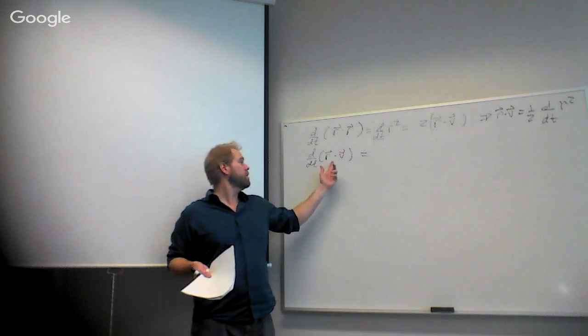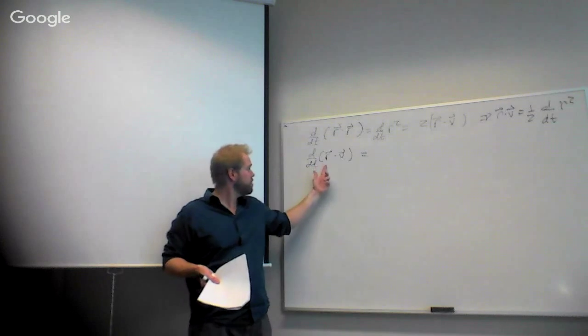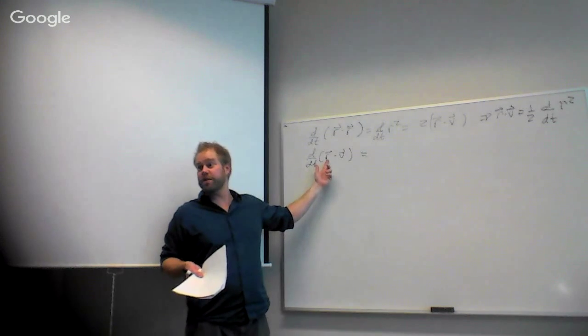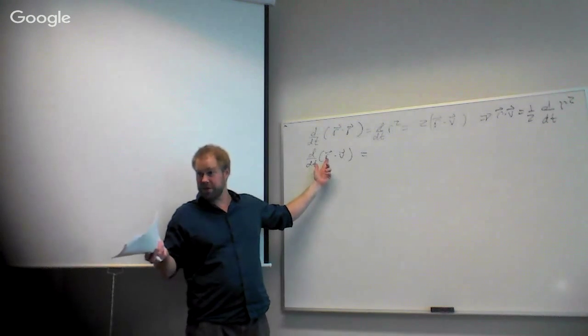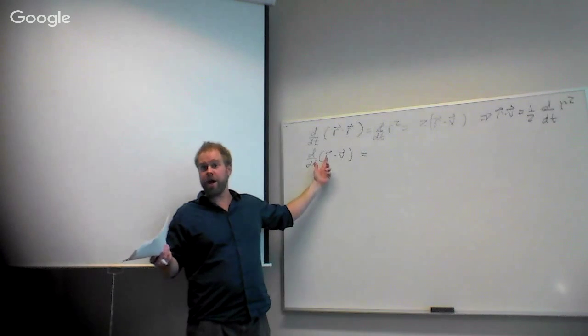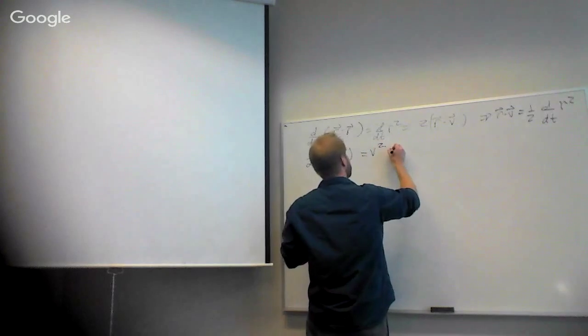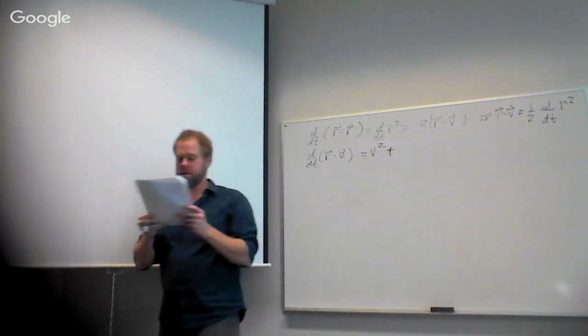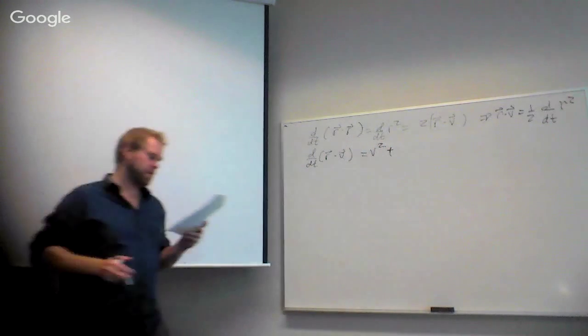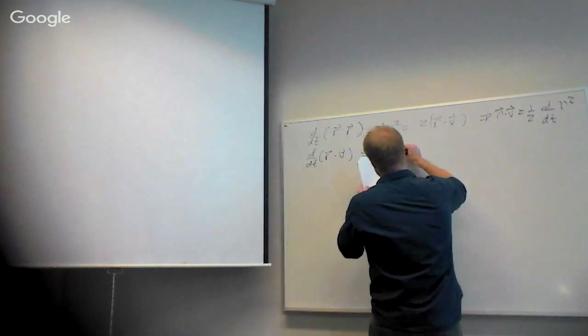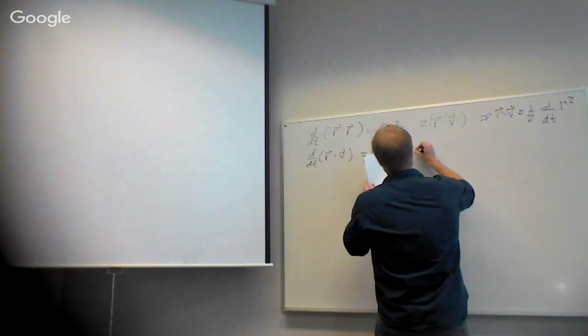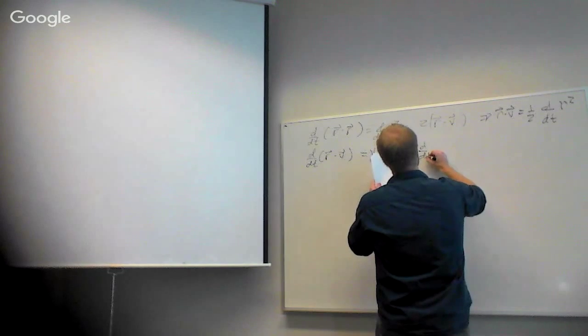So what's r dot? The time derivative of r is v, and v dot v is v squared. And then r dot the derivative of v. Let's keep that as d/dt of v.